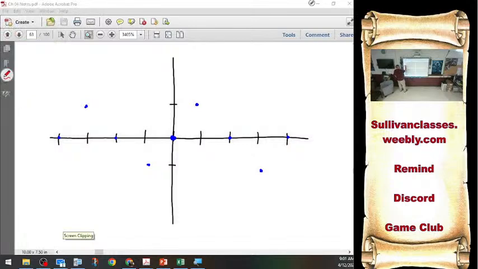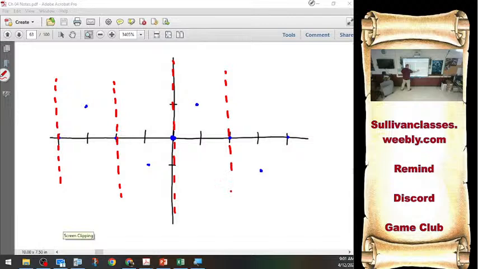Now, my x-intercept is an asymptote, because 0 over number becomes number over 0. X-intercept becomes an asymptote. What's the reciprocal of 1/2? 2.